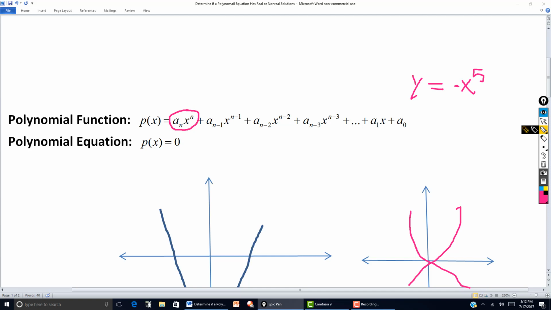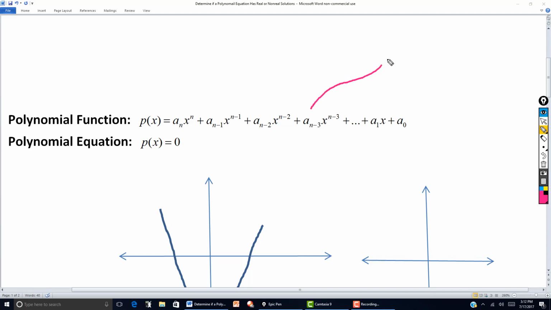If I look at x to the 7th or x to the 9th or x to the 11th and so forth, the graphs are going to be similar. So just to make it short, if the lead term has an odd degree exponent and it's positive, then you would expect the graph to be rising like that. If it's negative, just the opposite, it comes down.